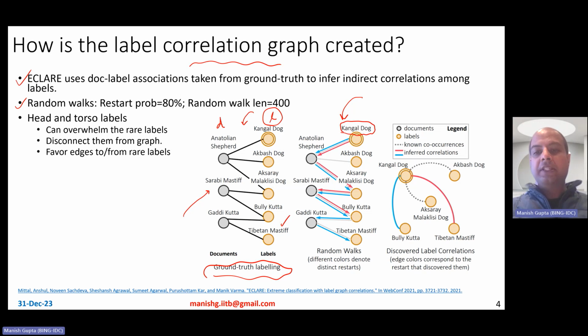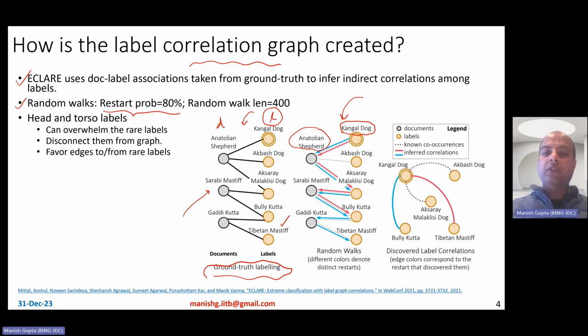You start from there, and with a 20% probability, you move to a randomly chosen connected neighbor. Here there is only one connection, so you always move to Anatolian Shepherd. With the remaining 80% probability, you just restart another random walk.